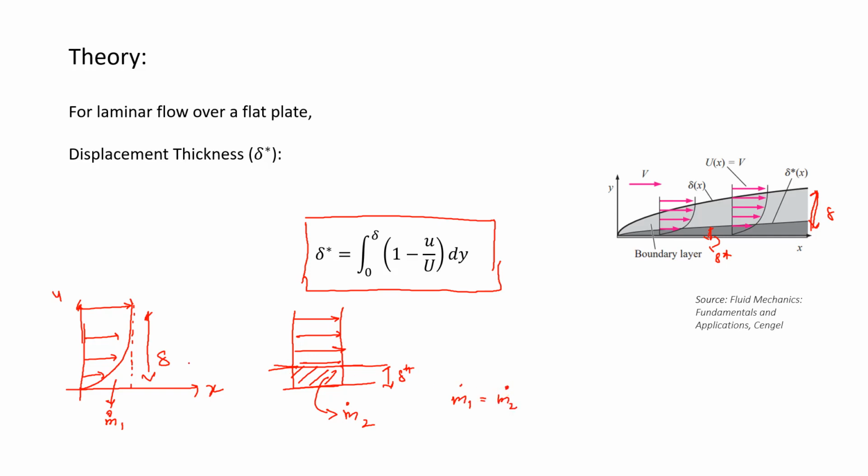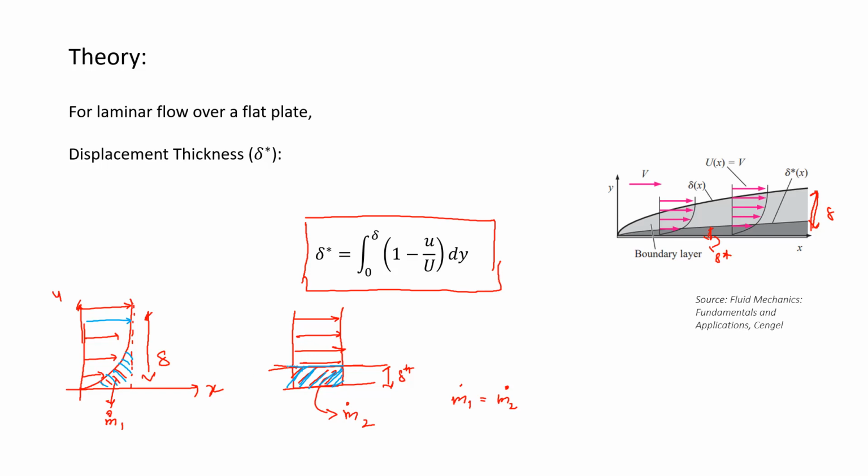Basically, what we are saying is that the mass deficit here, if you flatten it out into a constant thickness layer, then how much that thickness is the question, and that gives you this displacement thickness.